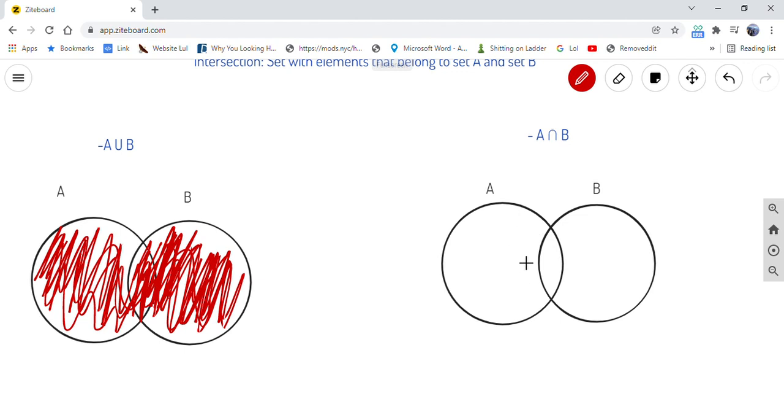Now for an intersection, I'm guessing you can already anticipate it's the set that is only contained in this overlapping region, right? So A intersection B would be the set of elements that are present in set A and set B, and nowhere else. Nowhere else can be shaded.